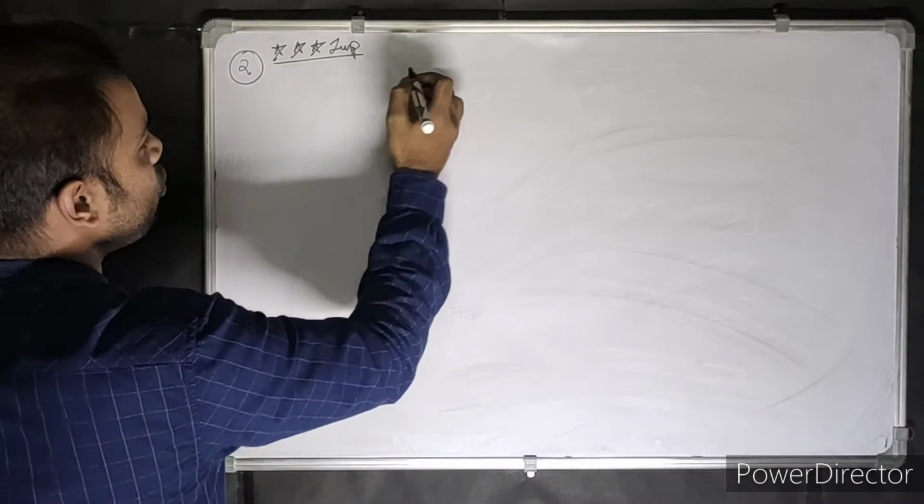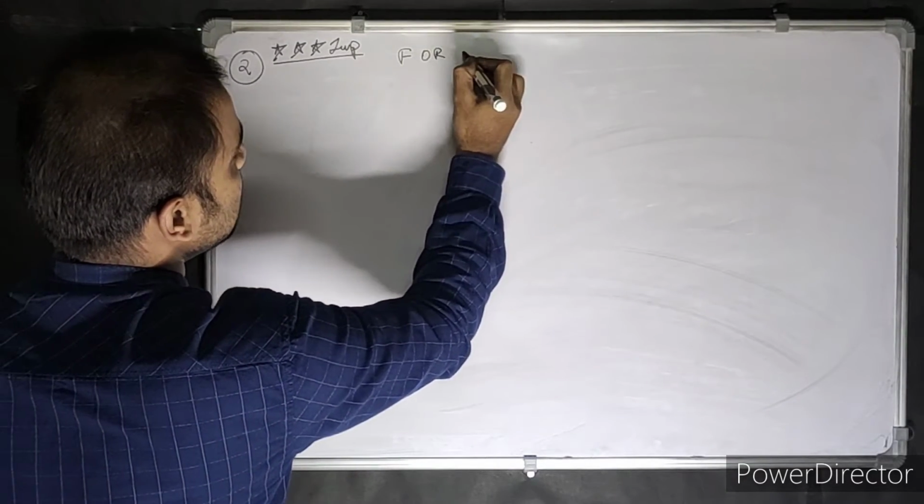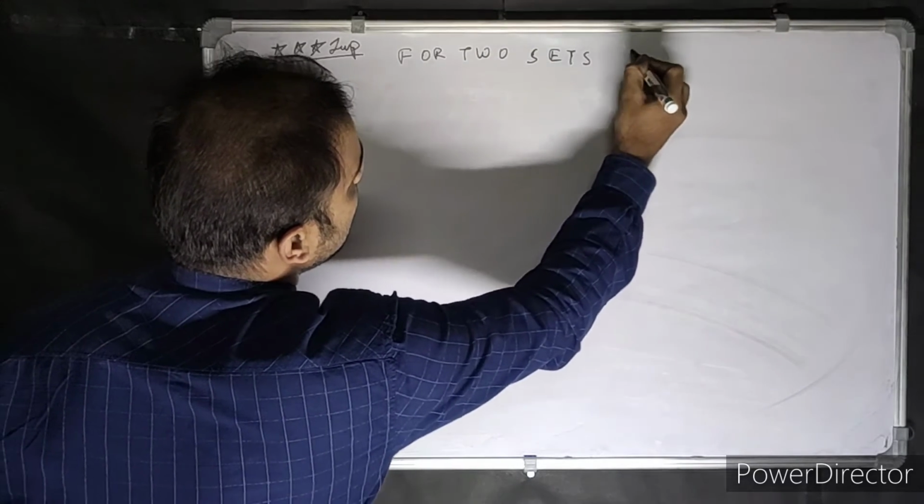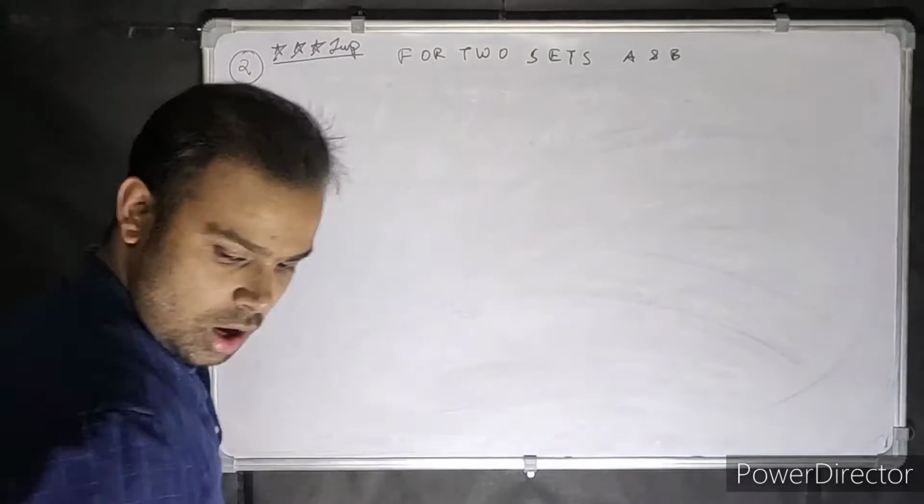There are two sets, A and B, of course non-empty sets.